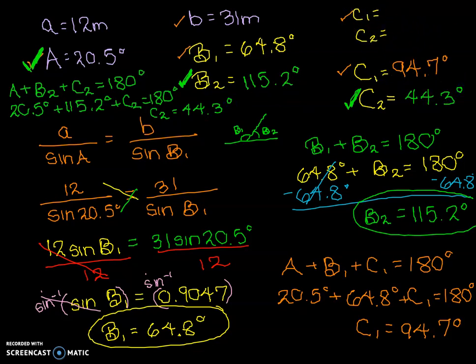So I am going to have to move on to the next page to find side C. However, just because we have it all laid out here already, I'm going to use the law of sines to find side C. So I'm going to use side C sub 1 with angle C sub 1. You could either set it equal to b over sine of b sub 1, or you could set it equal to a over sine of a. It really doesn't matter which one.